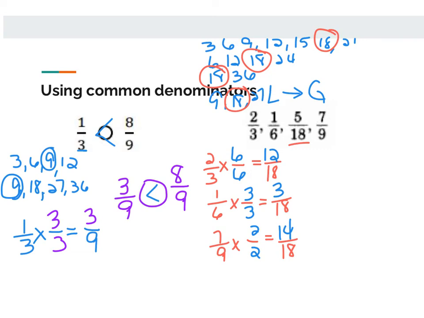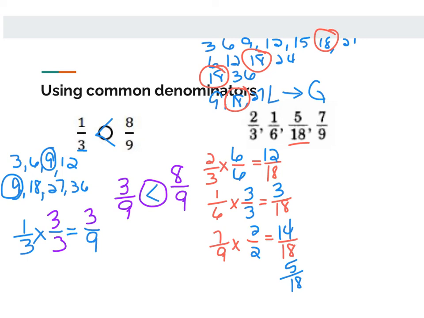So now I have all these to compare. So we're just going to look at the numerators. If you look at it, you have the numerators 12, 3, 14, and 5. So we're going from least to greatest. Then that means my first number would be 3. The 3 was 1/6.